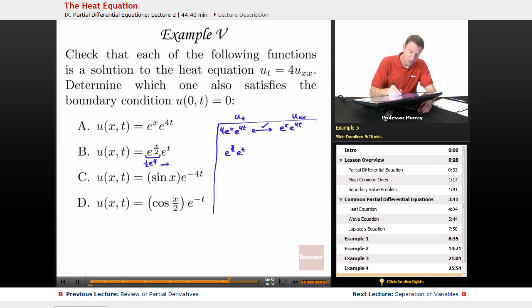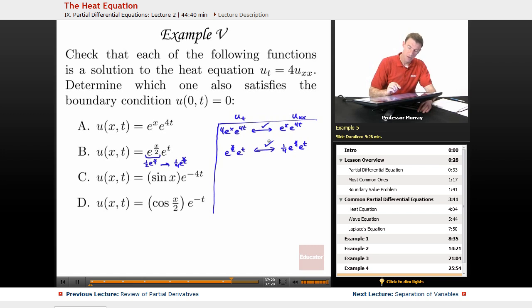If you take a second derivative, you get 1/2 times 1/2, so 1/4 e to the x over 2. Then the e to the t just comes down as a constant, so we get 1/4 e to the x over 2 times e to the t. If you compare those, the left-hand side is 4 times as big as the right-hand side. So again, we have a solution to our partial differential equation.